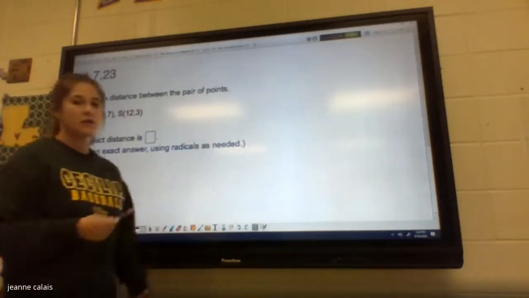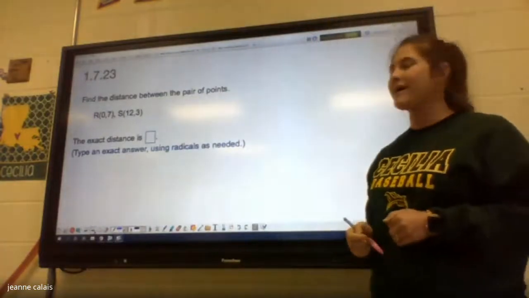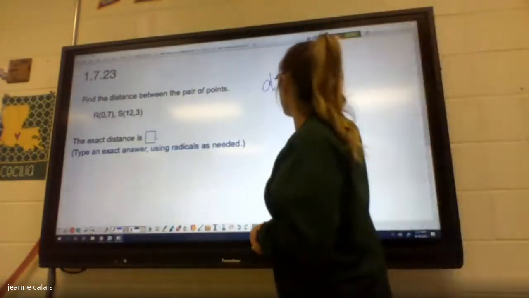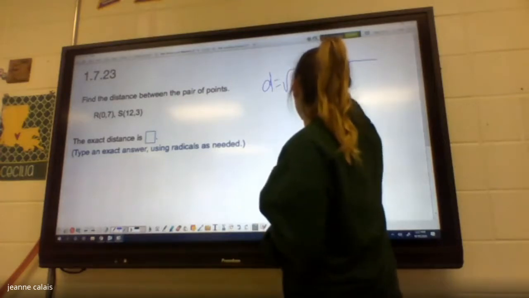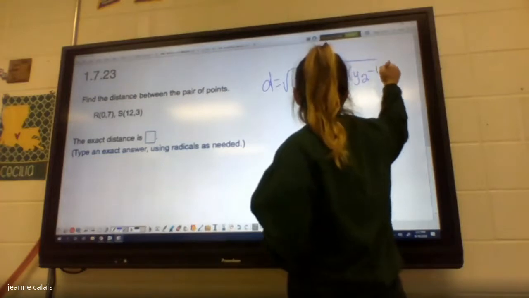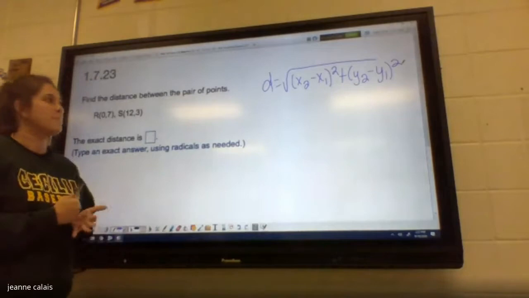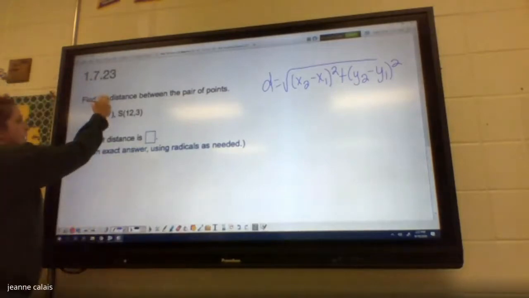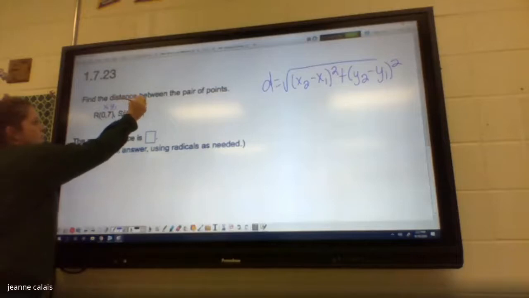All right, again, you're asked to find the distance between these two points. So you're going to write the distance formula again. Every time you write it down, you're forcing yourself to memorize it. All right, label your ordered pairs, x1, y1, x2, y2.